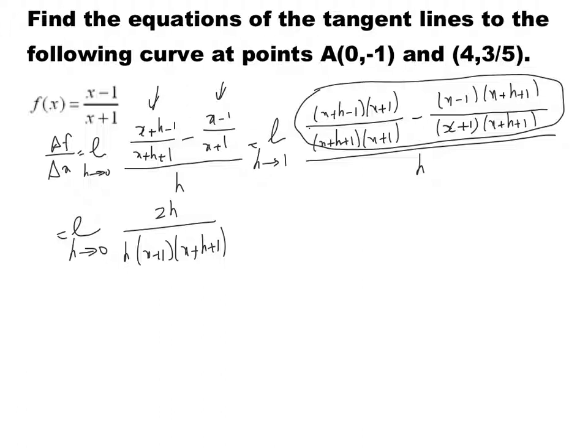Since h is common in the numerator and denominator, I can cross it out. Now I don't have any h in the denominator, which caused the denominator to become 0 when h goes to 0. I'm going to find the limit by just substituting h equal to 0 now. So it becomes 2 over x plus 1 times x plus h plus 1, where h is 0, so it is x plus 1.